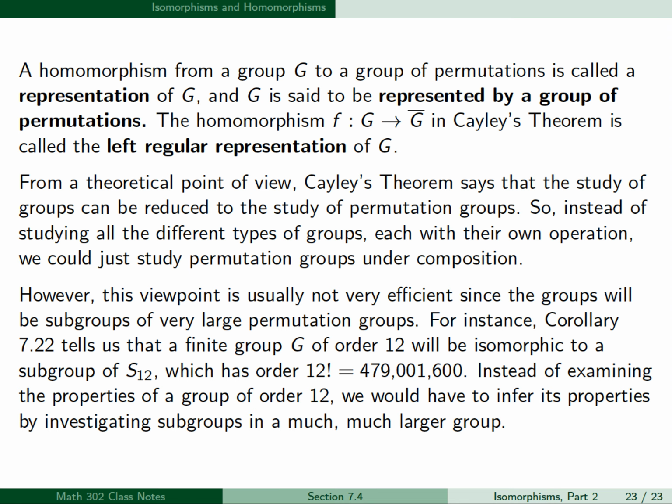So instead of examining the properties of a group of order 12, we would have to infer its properties by investigating subgroups in S12, which is a much, much larger group. So this is generally not a very efficient method for studying groups, and it's not really used very often. Okay, so this finishes up part 2 of section 7.4.